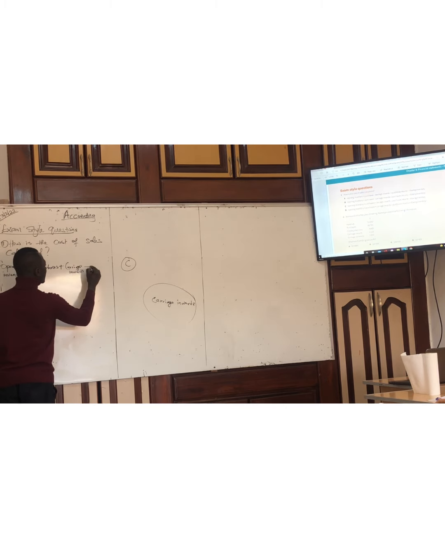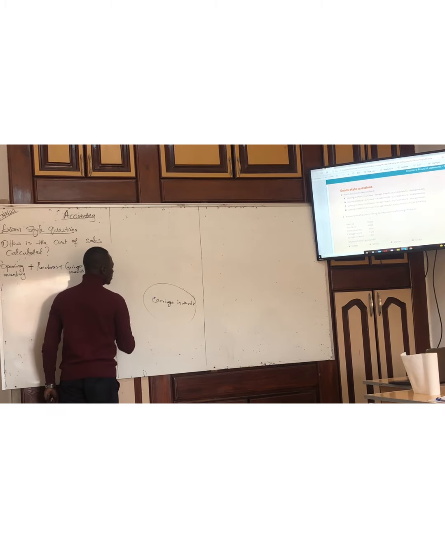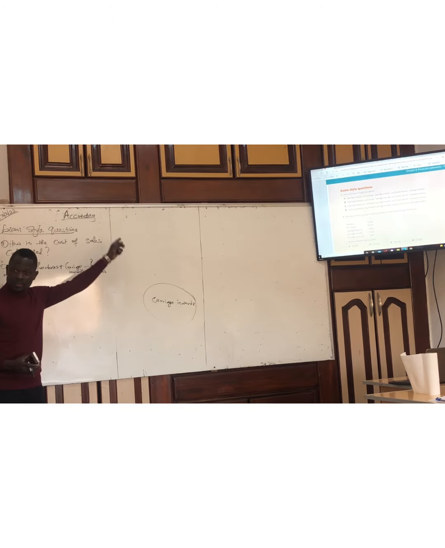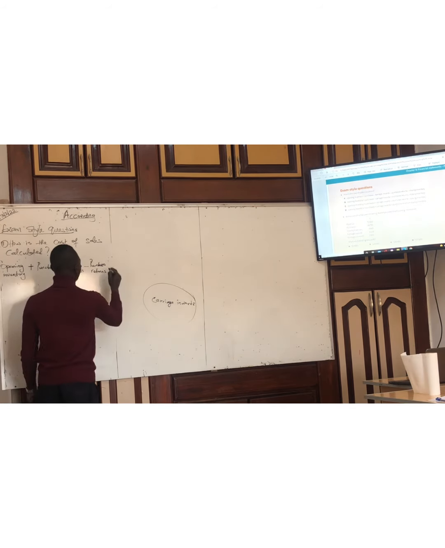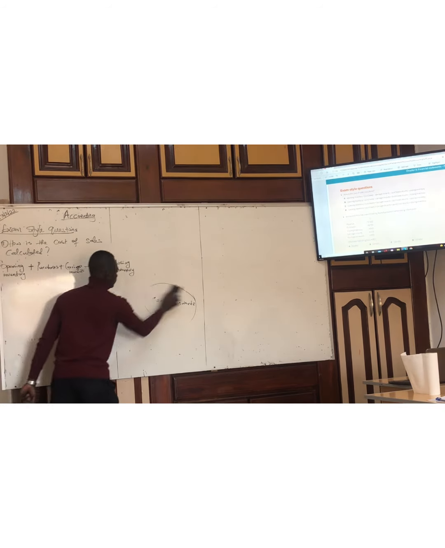You less your purchases returns. And your closing inventory, you are supposed to lessen, because at the end of it all, whatever you close with is your inventory. In as much as you are adding your opening inventory, you have to subtract your closing inventory. Is it clear? Yes, sir. So less closing inventory. Alright.